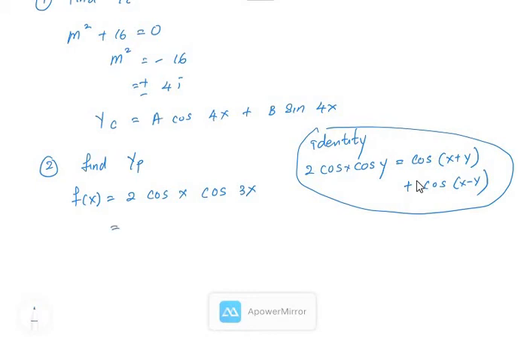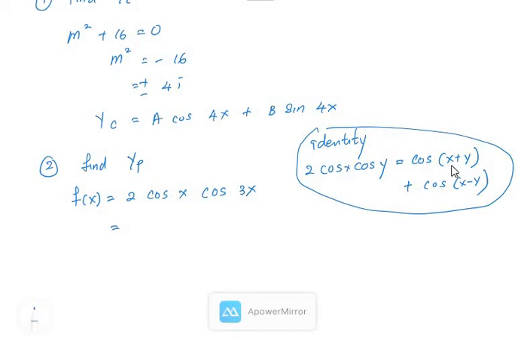So this 2 cos x cos 3x, I can just split it. Based on this identity, here you have cos x cos 3x. This one I assume is x, this one I assume is y.